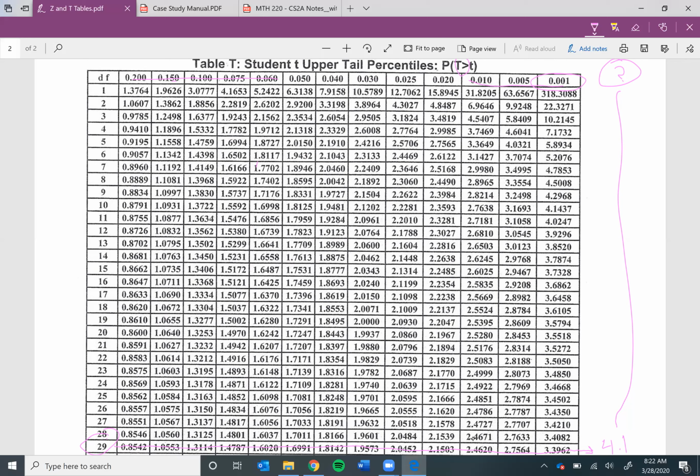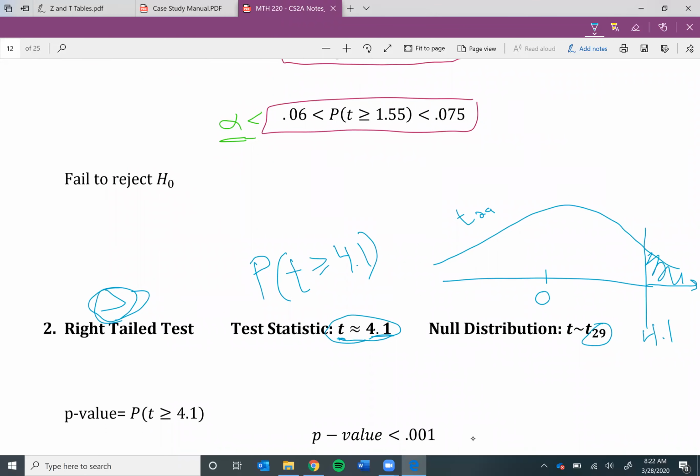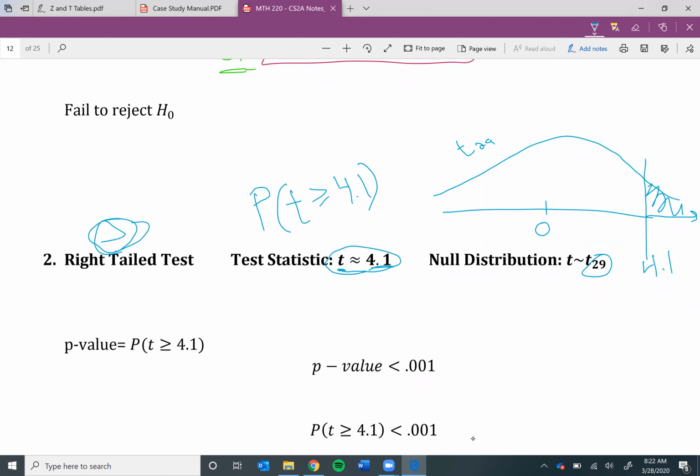When your number falls off the chart to the left, you report that it's smaller than the smallest number on the chart. The p-value is less than 0.001. Or you can also write your probability statement: the probability that t is greater than or equal to 4.1 is less than 0.001.